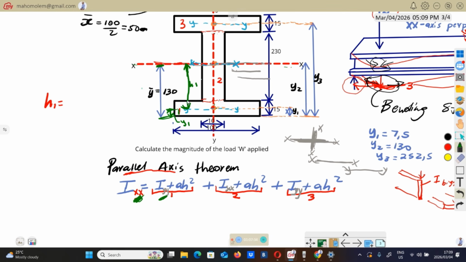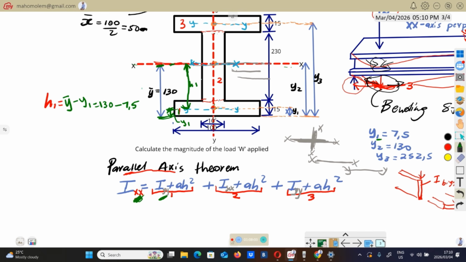So this distance h1 would be equal to this 130, which is y bar, minus y1. So 130 minus y1, y1 we said is 7.5. Yes, y1.